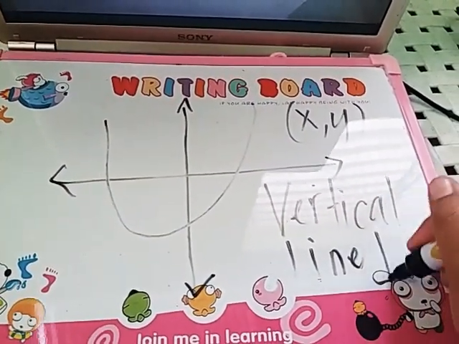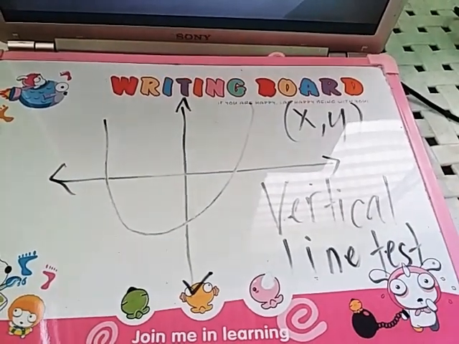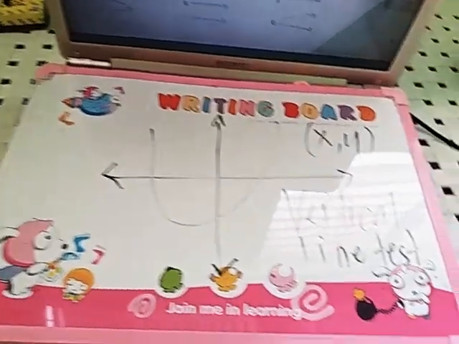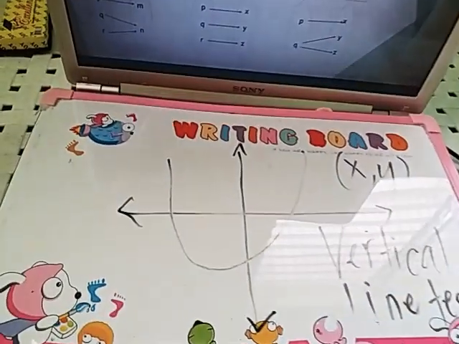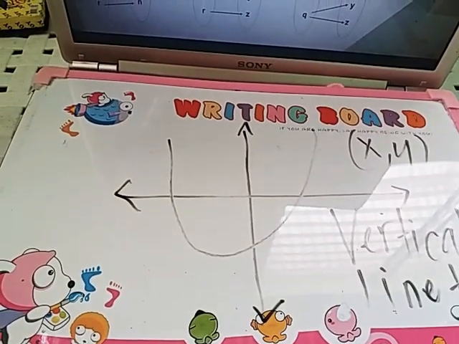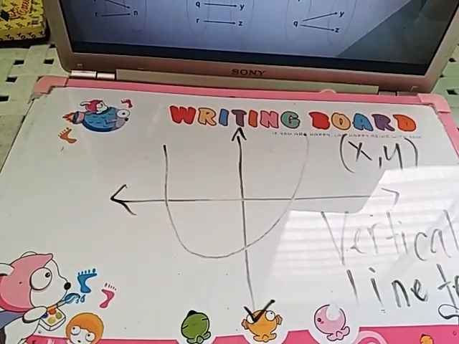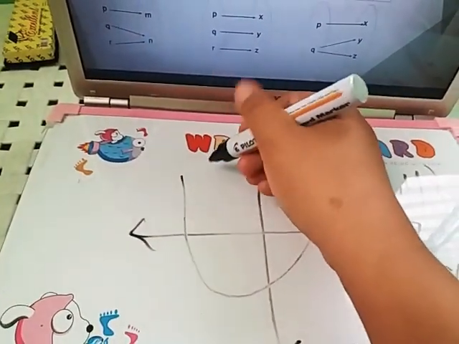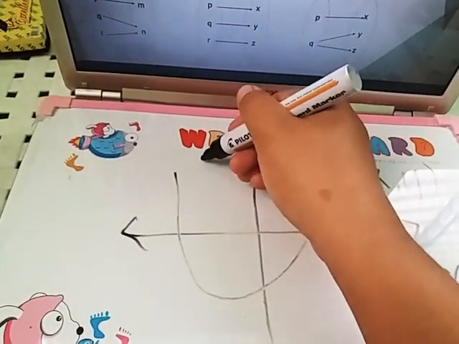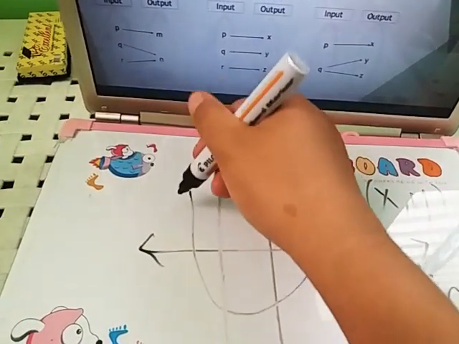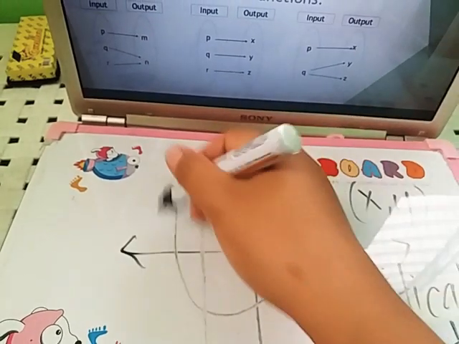Okay? Vertical line test. When we say vertical line test, vertical line test can be used to test whether the plotted relation is a function or not. For example, vertical pa tayo, di ba? Pag vertical, we have vertical. Ito yung graph natin yung curve.